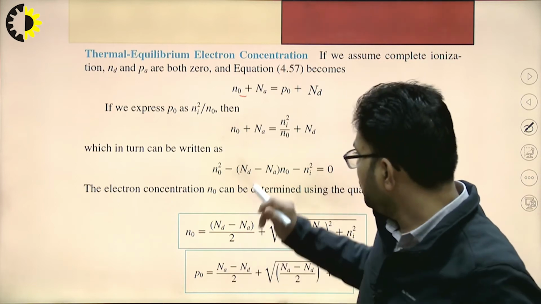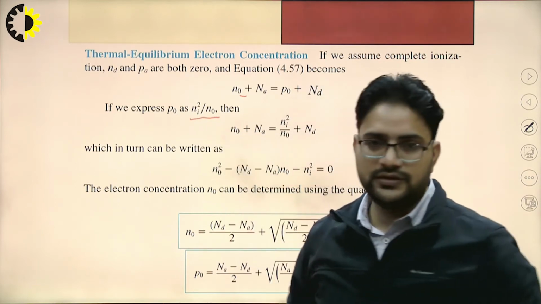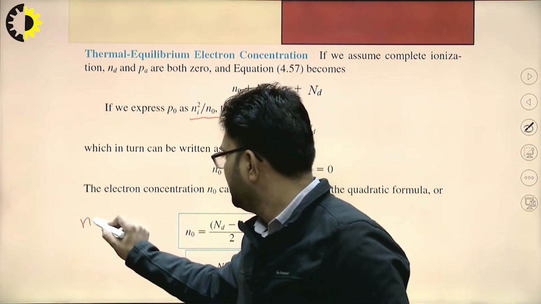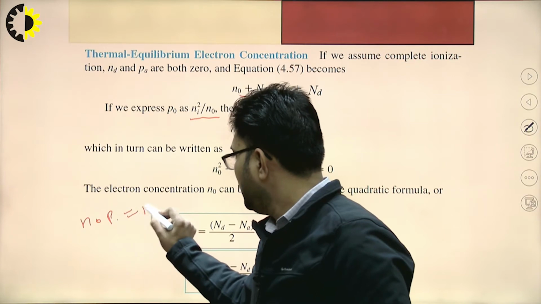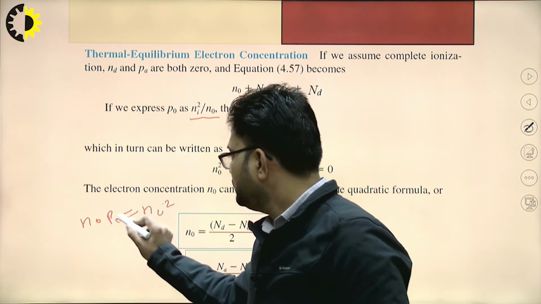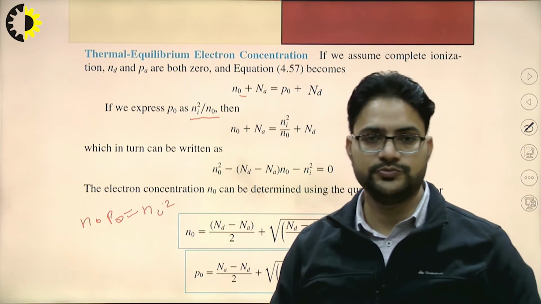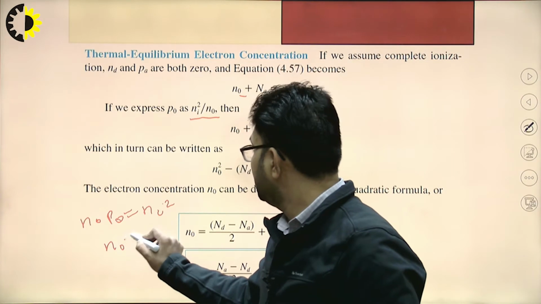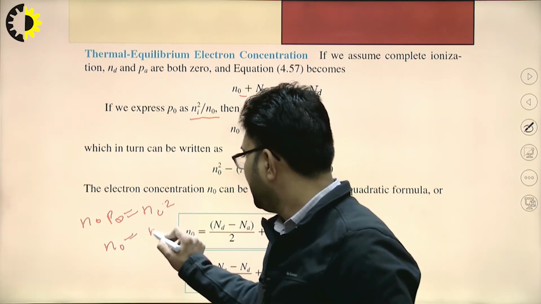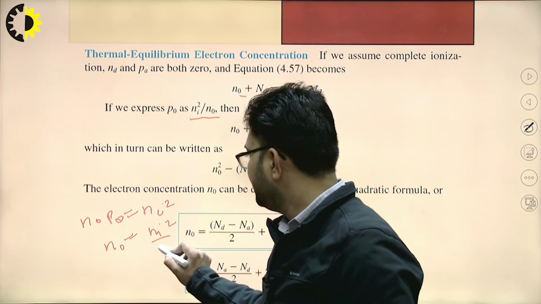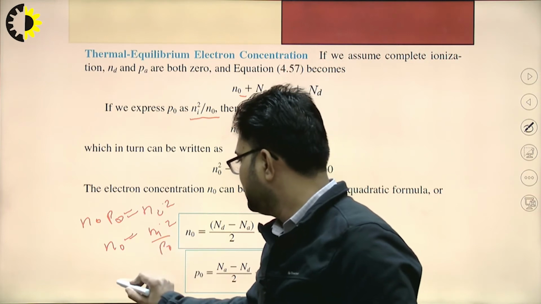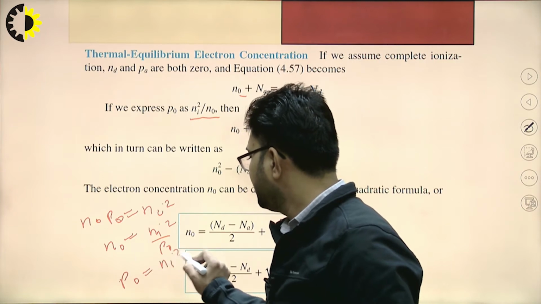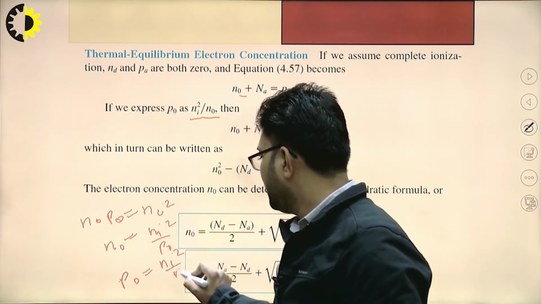Also, we know from the mass action law that n naught into p naught is equal to ni square. So we can say that n naught is equal to ni square divided by p naught, and p naught is equal to ni square divided by n naught.